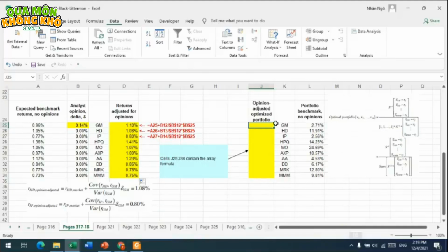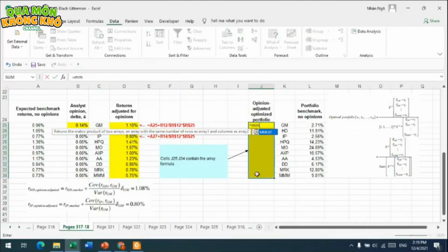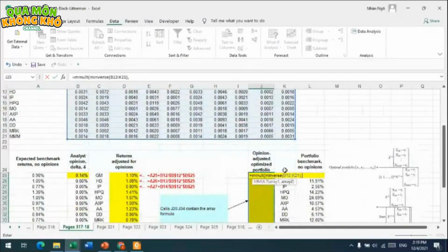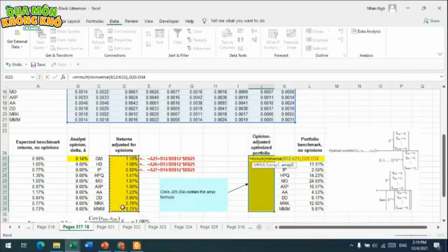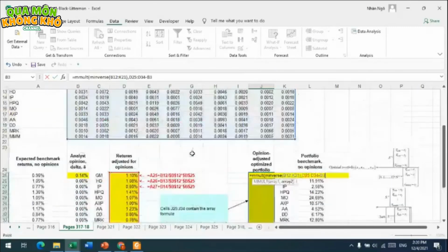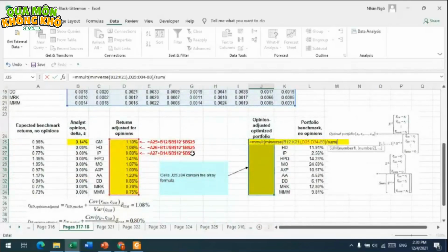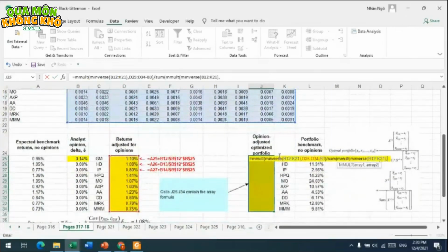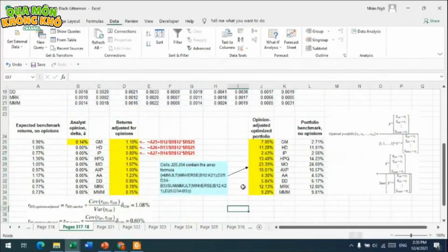This is a very similar formula to the one before. It equals one over lambda times the inverse of the covariance matrix, the current covariance matrix, multiplied with the adjusted return minus the risk-free rate right here, and then we divide it by the sum of one times the inverse of the covariance matrix here, and then here is the adjusted optimal portfolio when we have the opinion on GM.